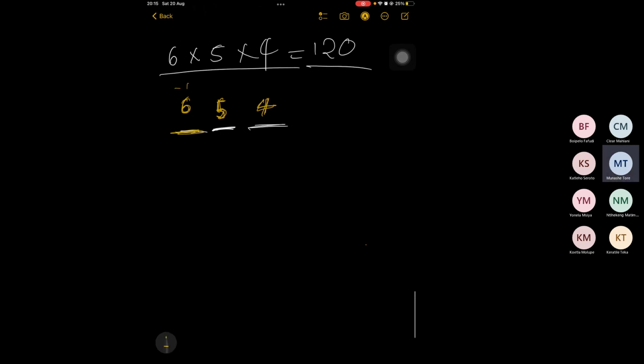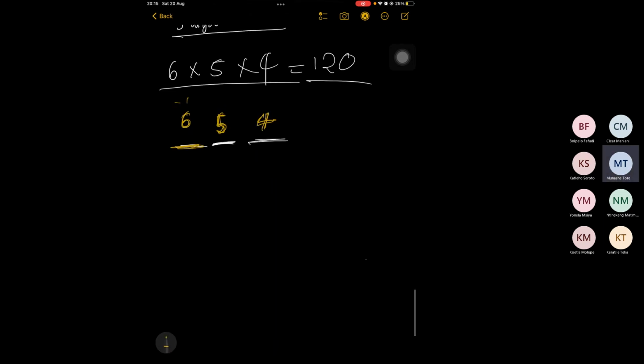And how I would have done it is, how many numbers do you have? 6 numbers, isn't it? But how many numbers do you want out of the 6? You want to choose 3 numbers, isn't it? Now that you want to choose 3 numbers, in how many ways can you arrange these 3 numbers? You can arrange them in 3 factorial ways.